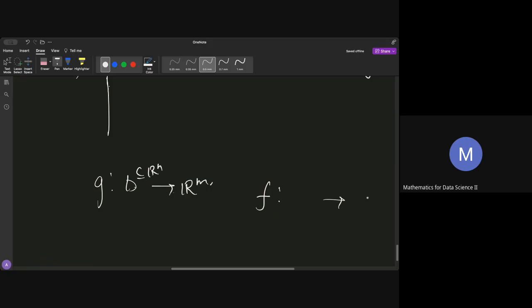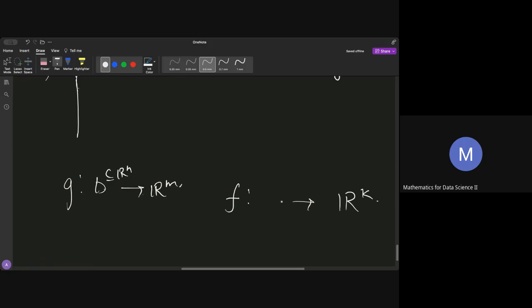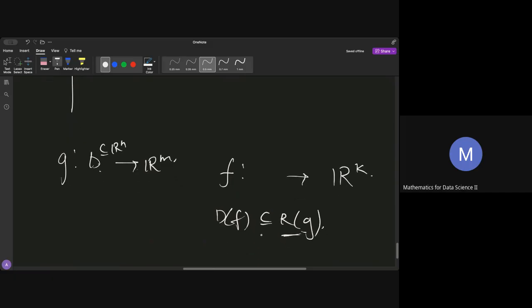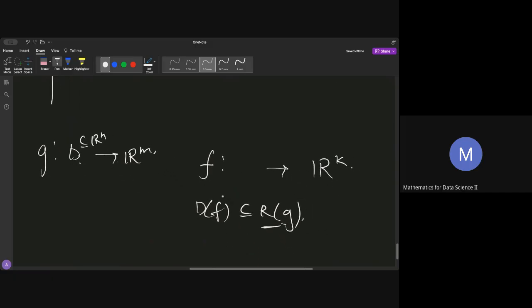The codomain can be anything. This is just fine. You can take Rk here. That's fine. But what should be the domain here? If I want to apply g to something, and that x tilde is coming from D, then this goes the same as we do for one variable functions. The domain of f obviously should include the range of g.